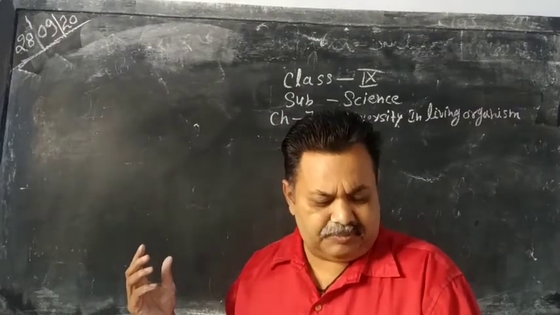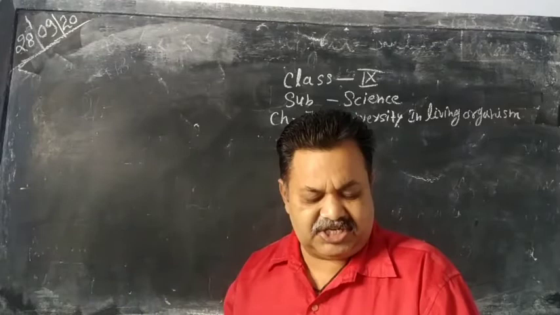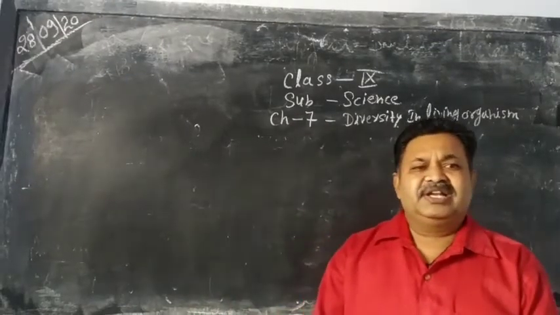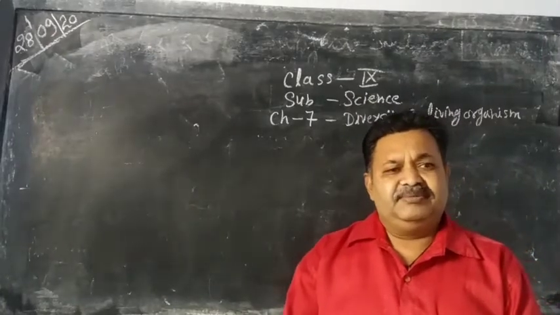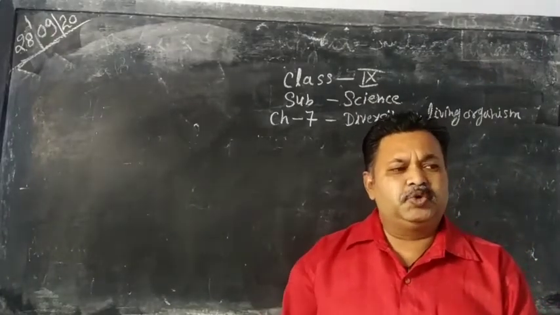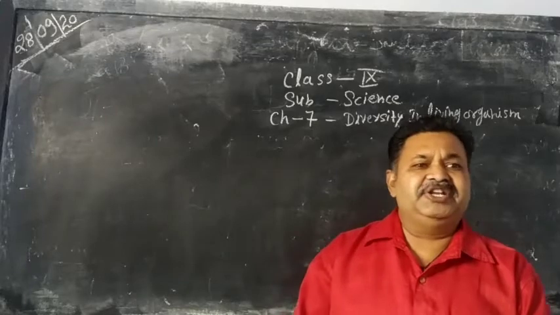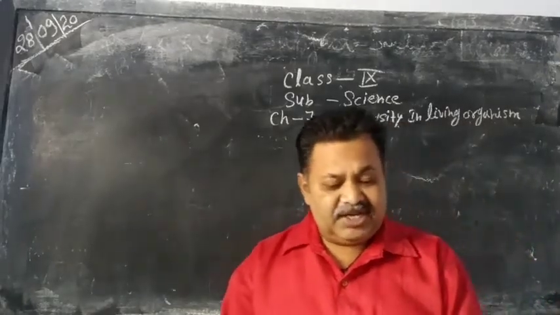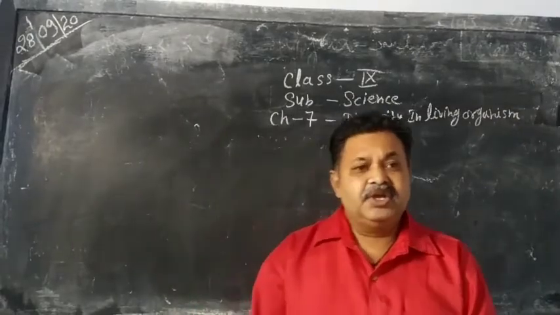Now our next topic is classification and evolution. You know that classification is very necessary. Due to classification, we can study organisms in an easy and proper manner. The next one is evolution.